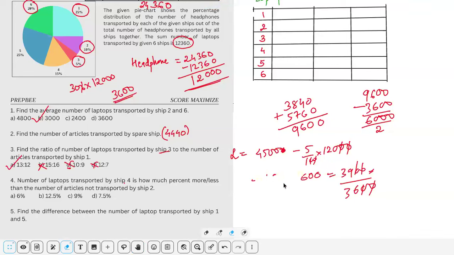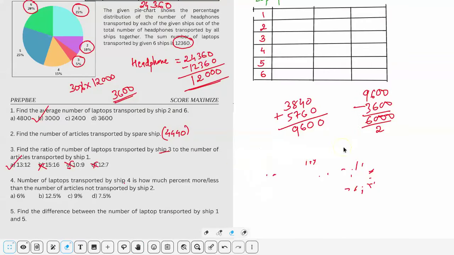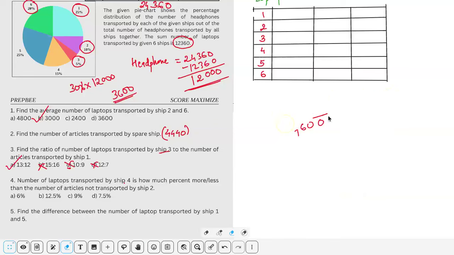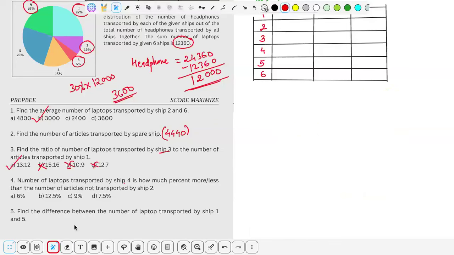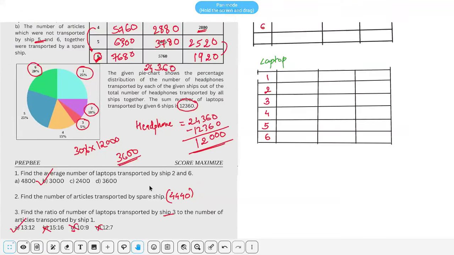So let me erase this. So number of laptops transported by ship 4. So where is the ship 4?